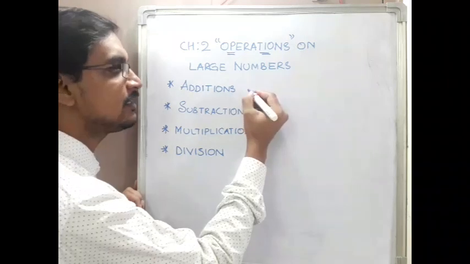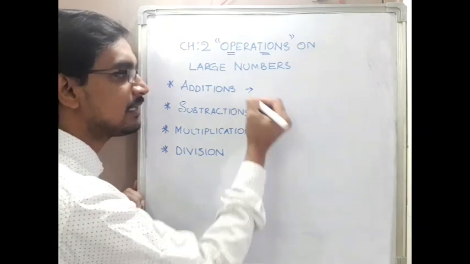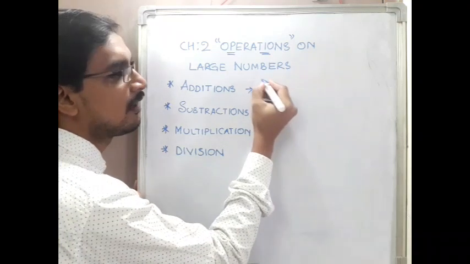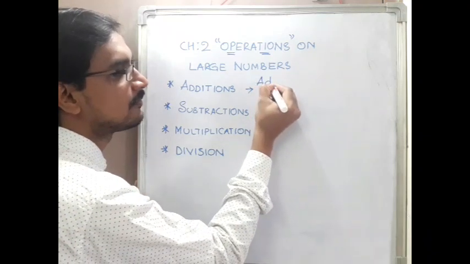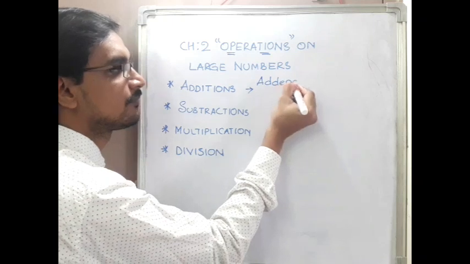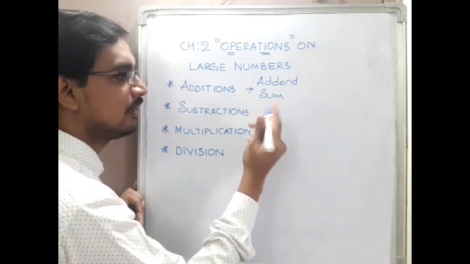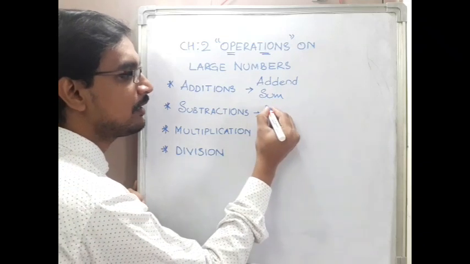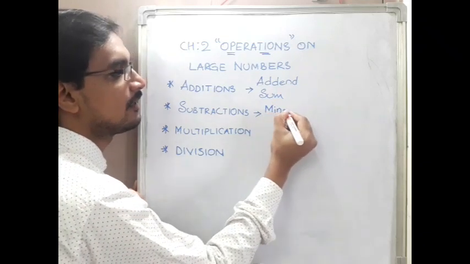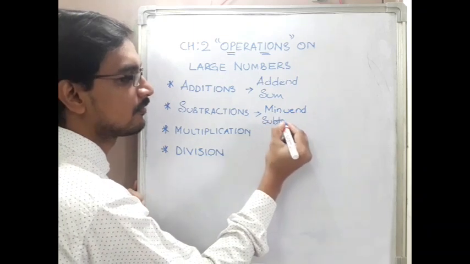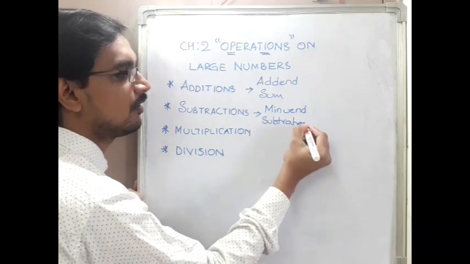Okay. In addition, there exist some terms which are to be understood very clearly. Namely, you already know this addend. I will give you an explanation on what exactly these terms are, and here also you know minuend, subtrahend, okay.